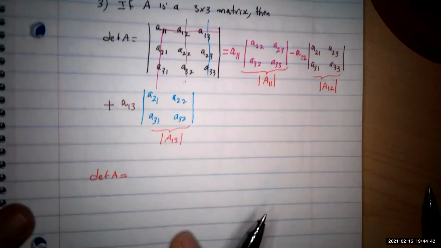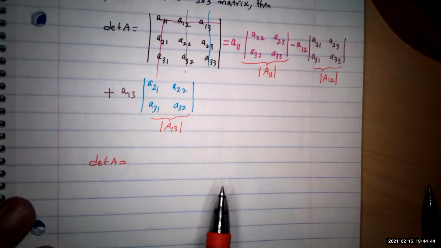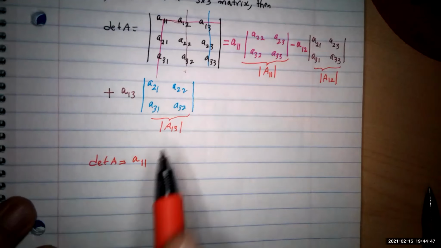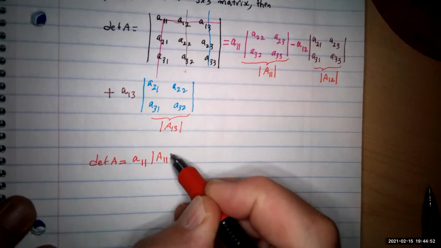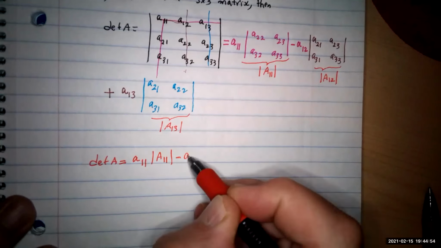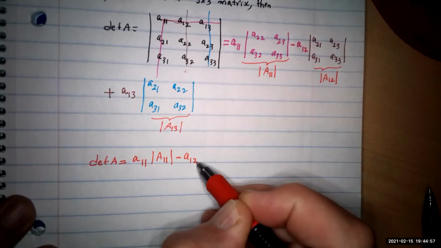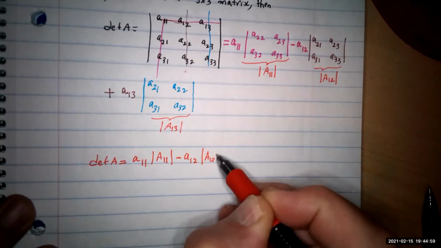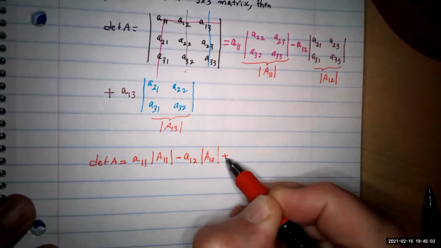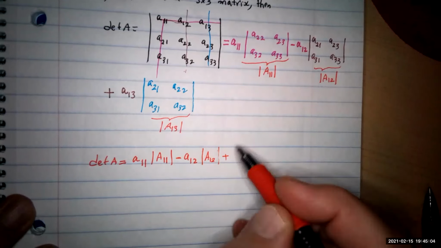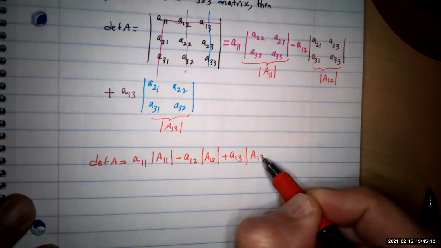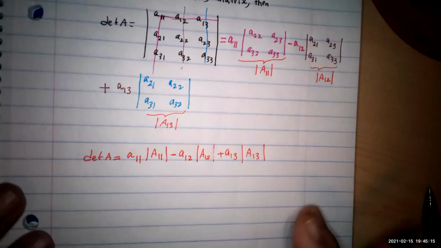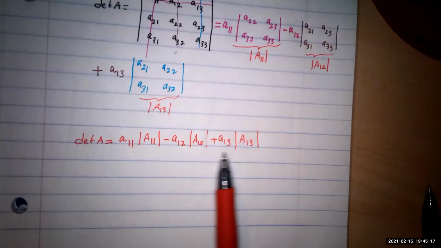It's going to be A11 times the determinant of the matrix of 1, 1, minus A12 times the determinant of the matrix of 1, 2, plus A13 times the determinant of the matrix of 1, 3. So we go along the first row, that's why we get 1, 1, 1, 2, 1, 3.